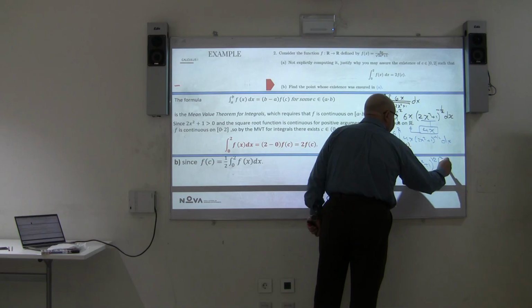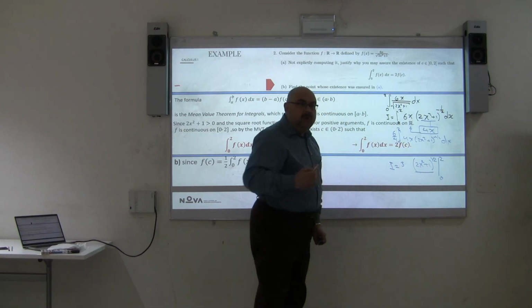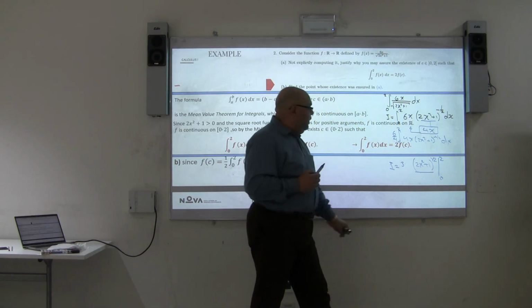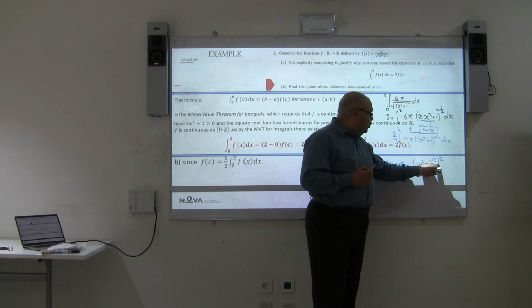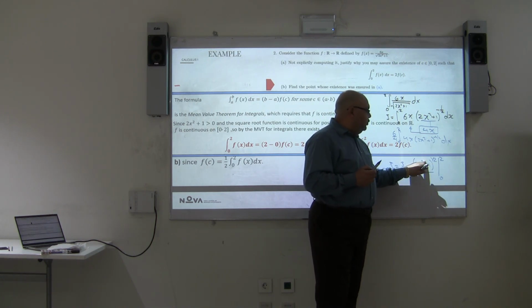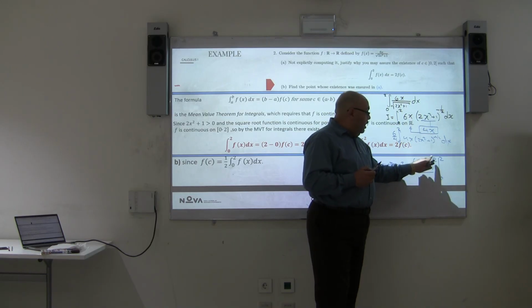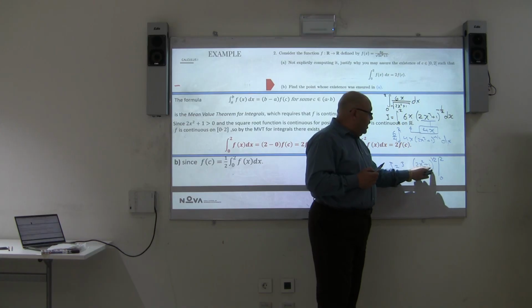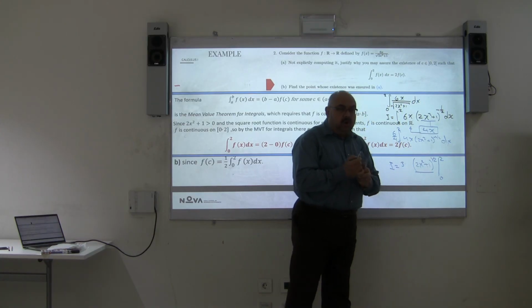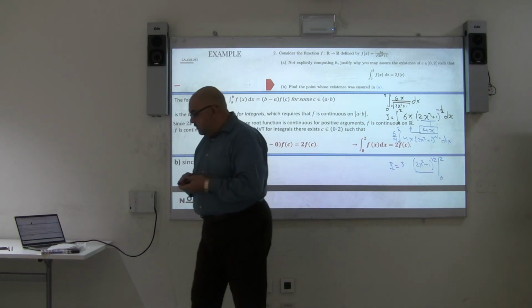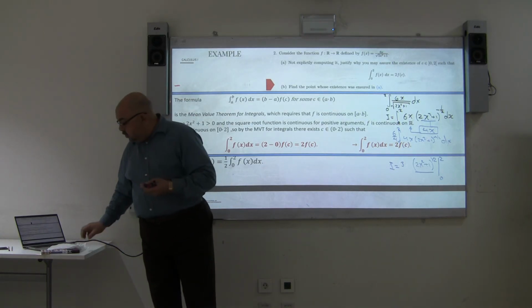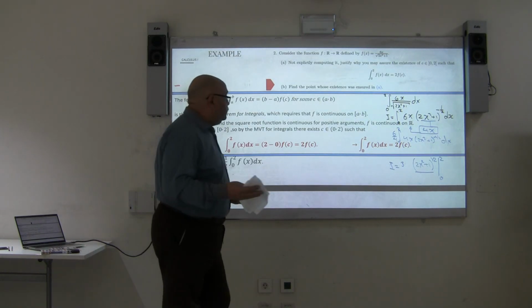Then I will substitute by the integration limits, which are 0 and 2, replacing every x by 2, which gives 2 squared is 4, times 2 is 8, plus 1 is 9, under the square root. Then I will do the same with the lower limit, leaving 1 and taking its square root.